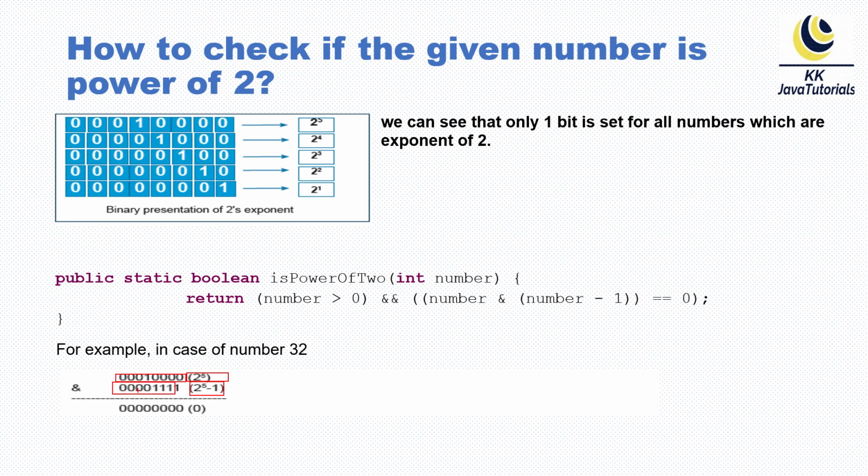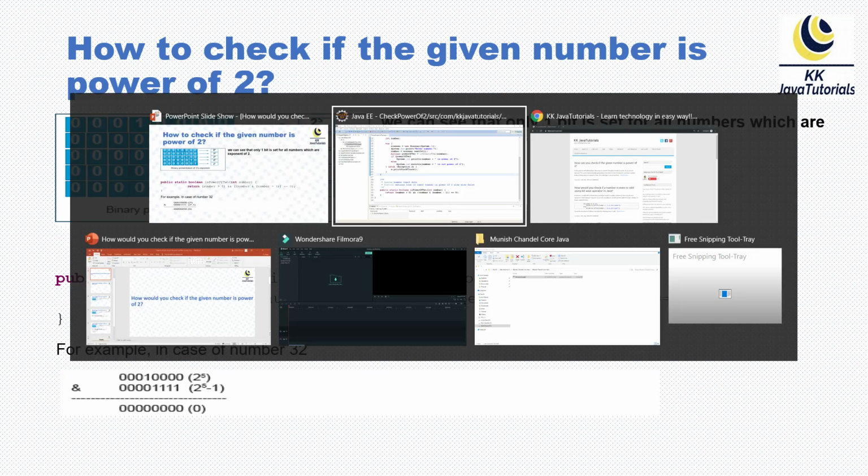If you calculate 2 raised to 5 with the bitwise AND operator of 2 raised to 5 minus 1, this will give you 0. That's the reason the second condition is number bitwise AND number minus 1, which should give you 0. If this gives you 0, it means the given number is a power of 2.